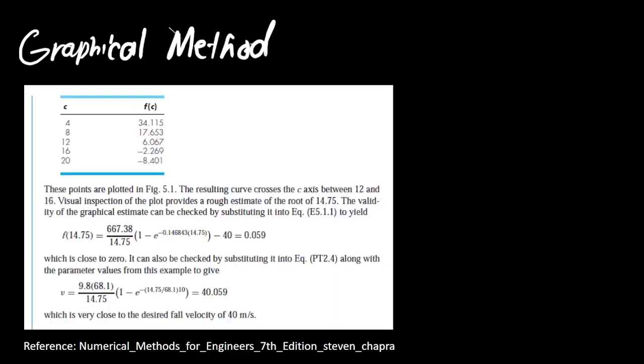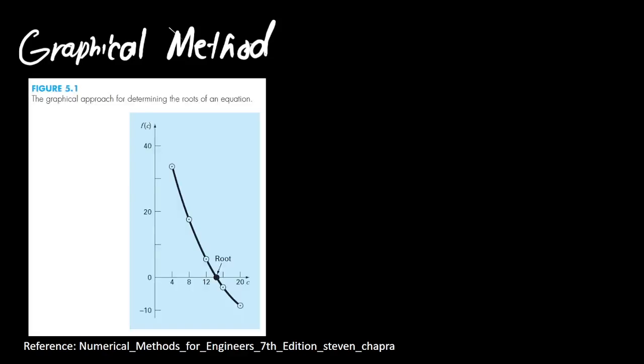Looking at the table itself, you know it is between 12 and 16 because the value around 12 is around 6, and it goes below the line because it becomes negative. So your root is somewhere between 12 and 16, or maybe around 14, as you could observe in the graph.